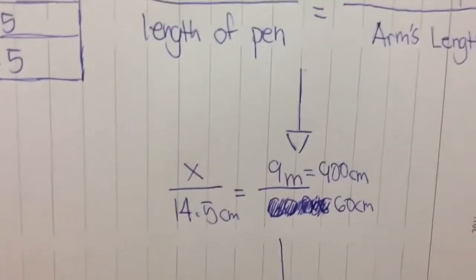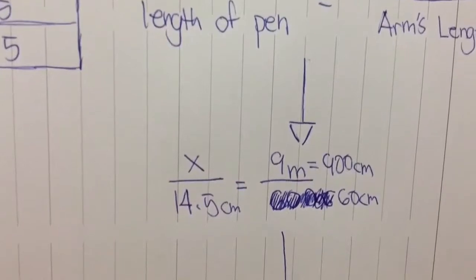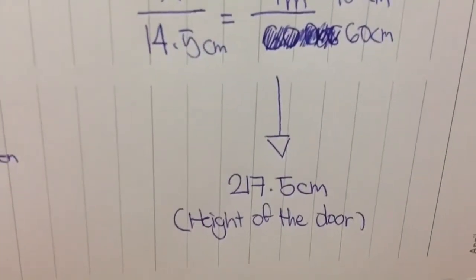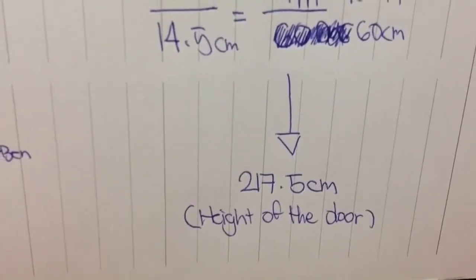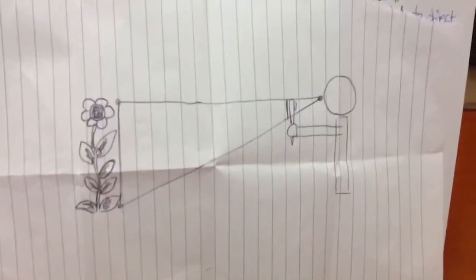Then 14.5 times 900 over 60 equals x, which is 217.5 cm, or the height of the door. Similar triangles can be evident in this method, and we can see this through this illustration in front.